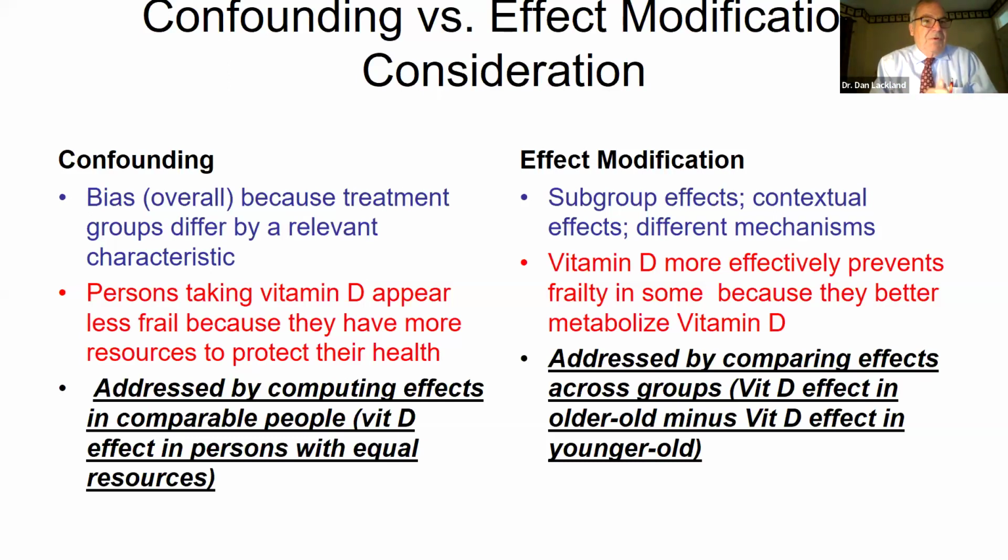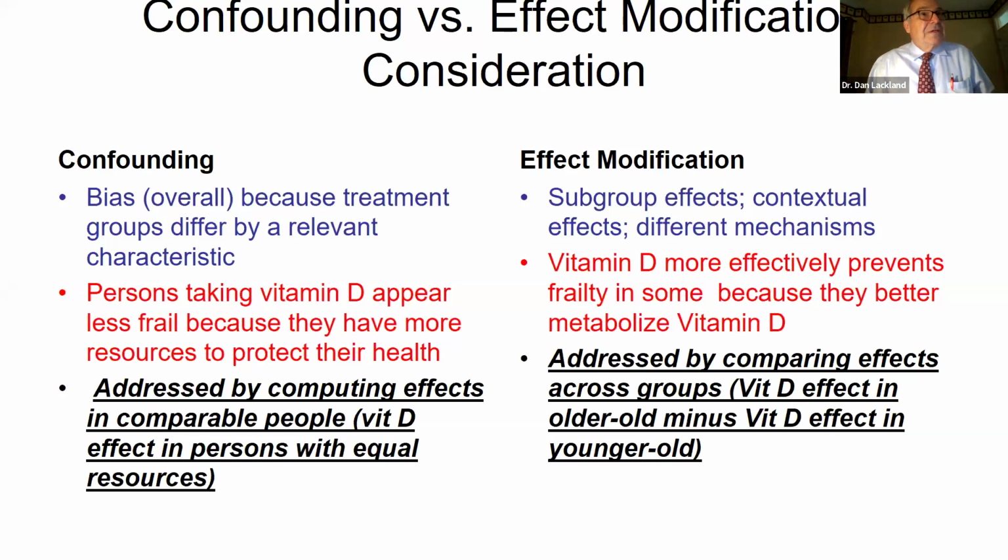Another way it can be a confounder is that individuals taking vitamin D might appear to be less frail because they have more resources to protect their health, not because of the vitamin D, but simply because they can afford it and have the interest in taking it. That might be a different person than somebody who doesn't take vitamin D voluntarily. You can ask yourself, do people take vitamins? People who take vitamins are often different from those who don't, with different attitudes.